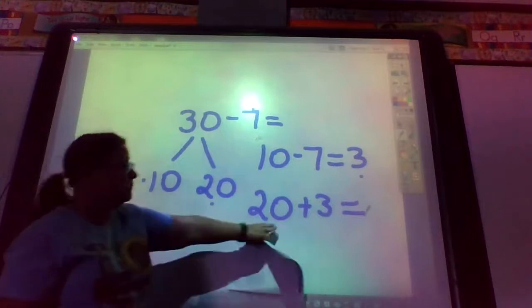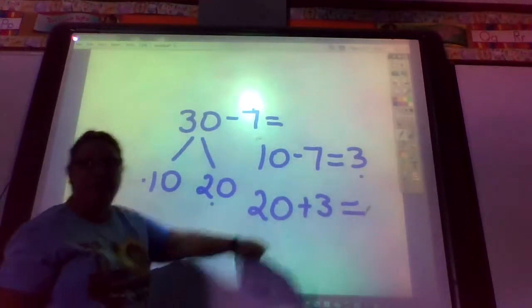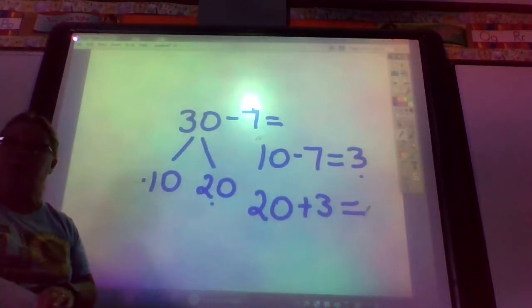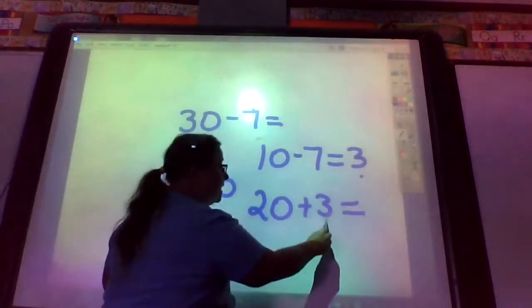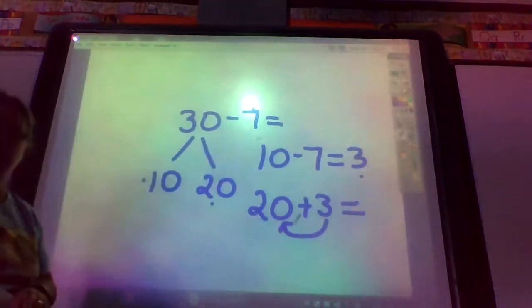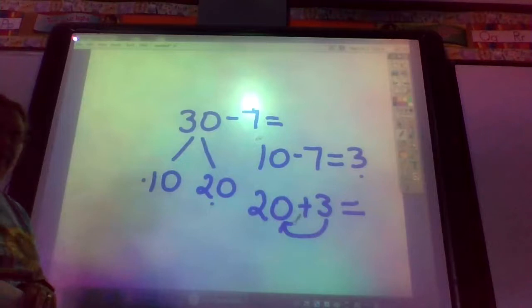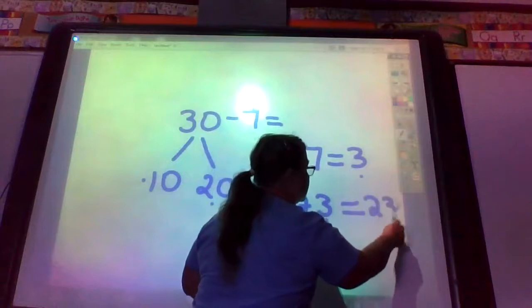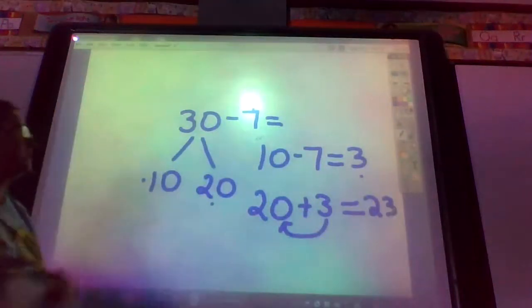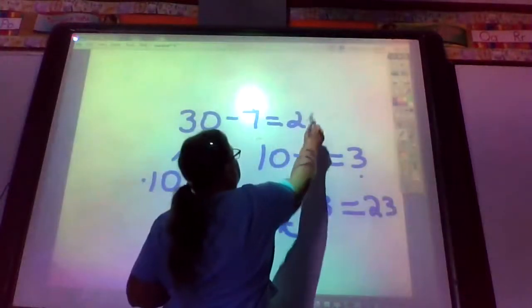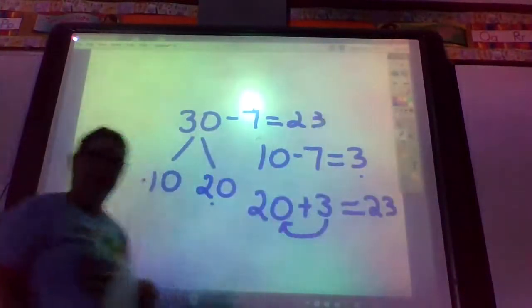I know that if a number ends in that 0, it is a slide number, and I could just slide that other number right into it. So I could slide this 3 to replace the 0. And if I do that, if I replace that 0 with that 3, when I slide it over, I get the answer of 23. So I know that 30 minus 7 is 23.